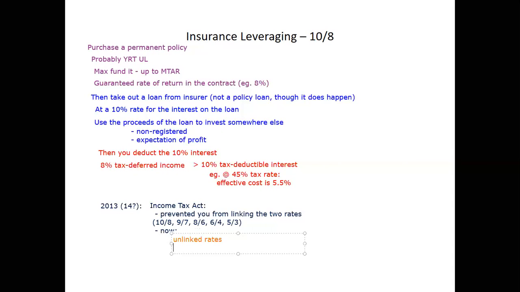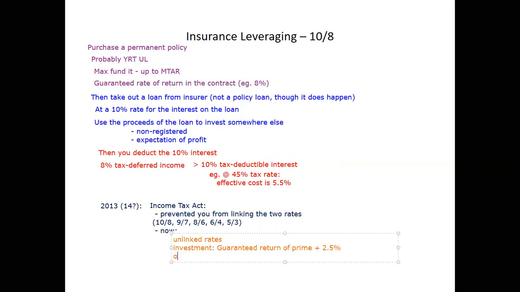And what happens with these unlinked rates is you would do, for example, on the investment, you would have a guaranteed return based on some minimum deposit or whatever the case is. You'd have a guaranteed return of prime plus, say, 3.5%.